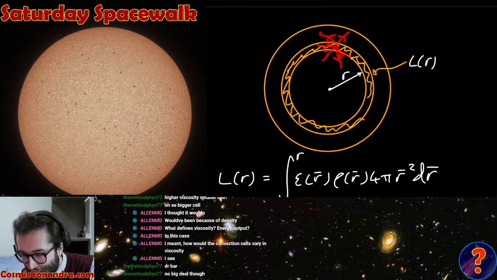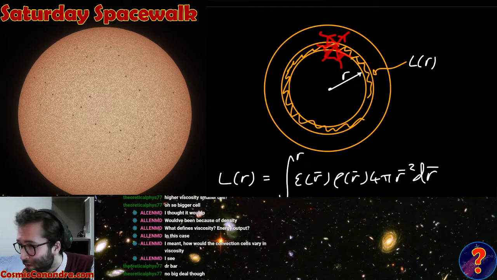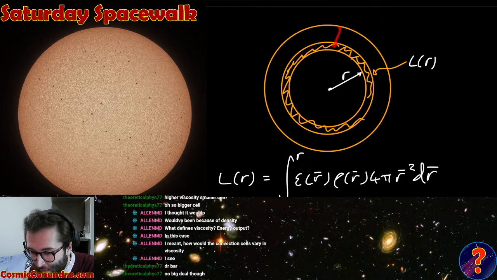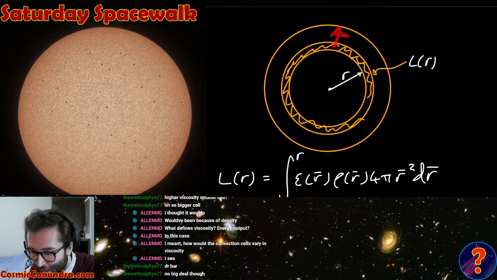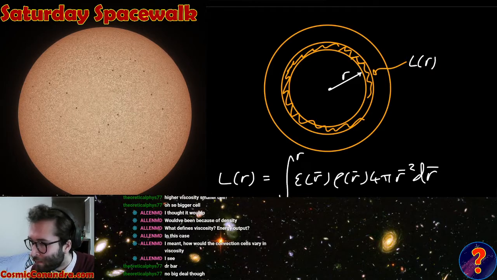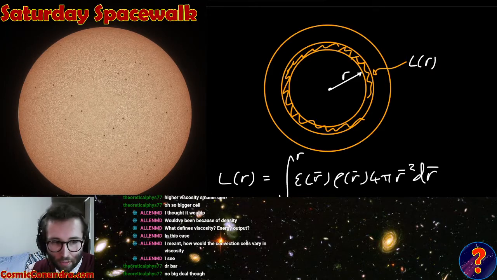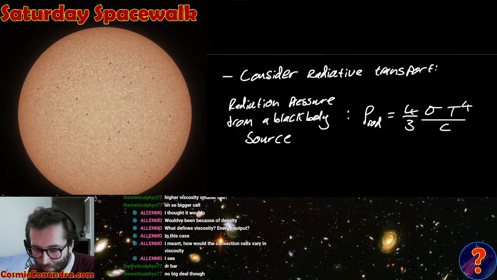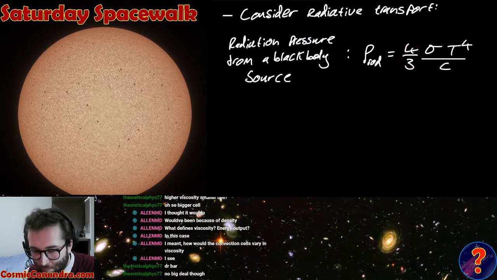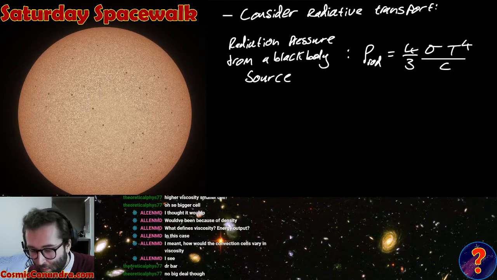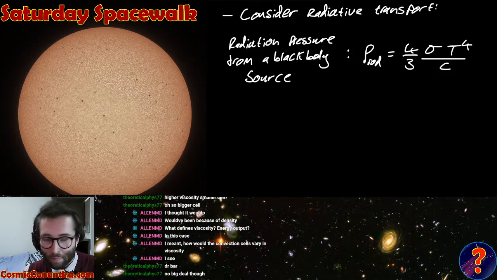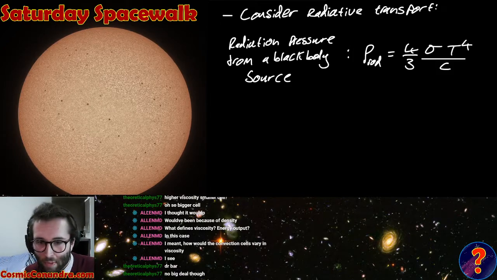But we have to isolate the part of this radiation field that will give a normal pressure. So we have to find the component of the pressure that is normal to the field here. And when you do that calculation, you end up with a sort of trig integral, an integral over a cos something, and you end up with this factor of 4/3 from doing that. Okay. So this is the pressure by a black body radiation source that is emitting isotropically. That is the pressure that is generated by it.